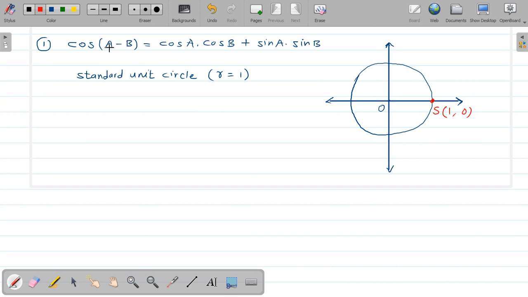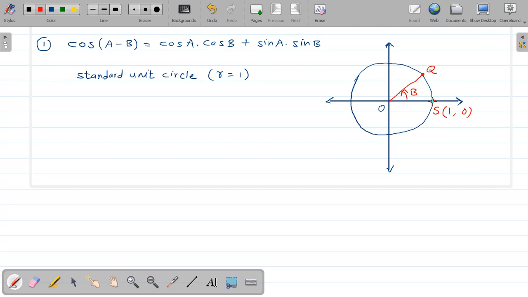Now we have to consider the angle A and angle B also. So for our convenience, let us take the point Q here on the circumference of the circle. Now with respect to this point Q, we get the angle B. So consider the angle B, which is measured from the positive x-axis.